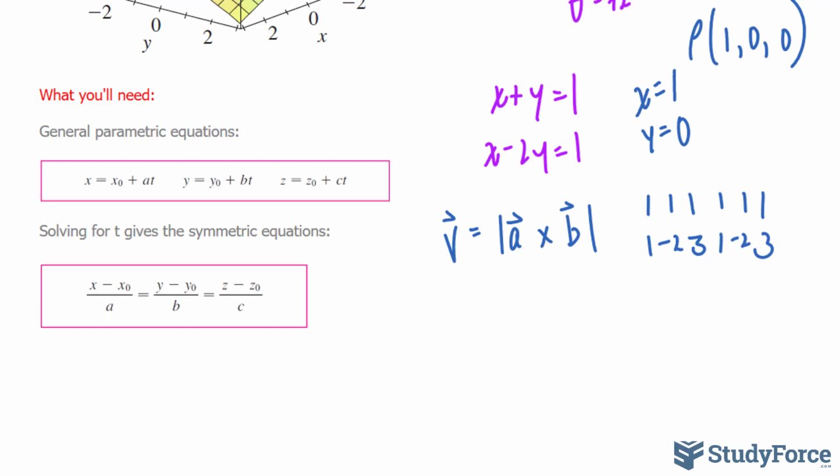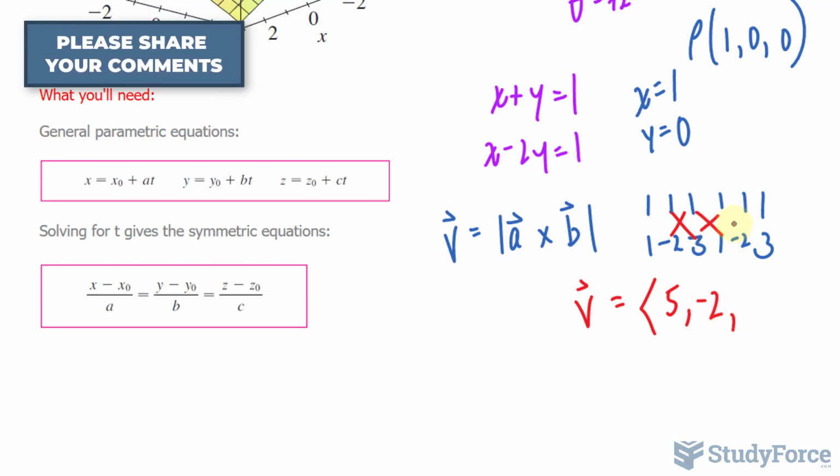Just remember this pattern. 1 times 3 minus 1 times -2. So 3 plus 2, that's 5. That's the x component of the direction vector. Again, 1 times 1 is 1 minus 1 times 3, that's -2. 1 times -2, that's -2, minus 1, -3.